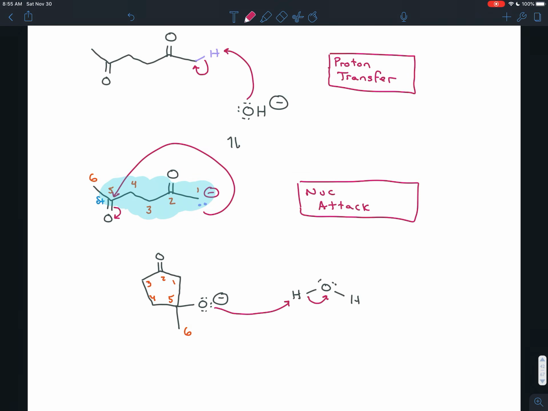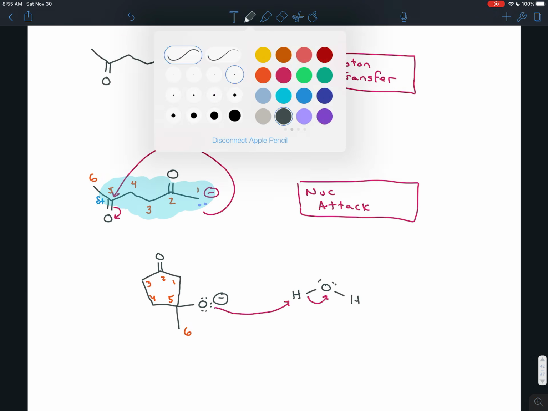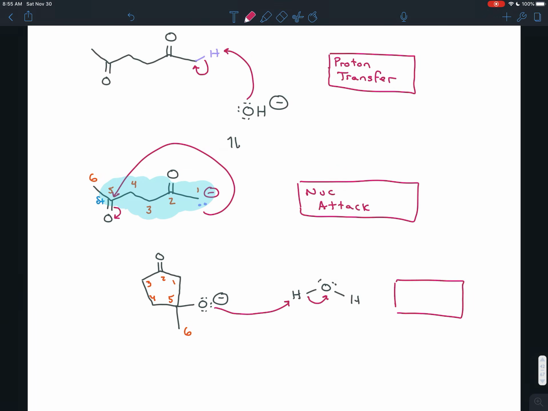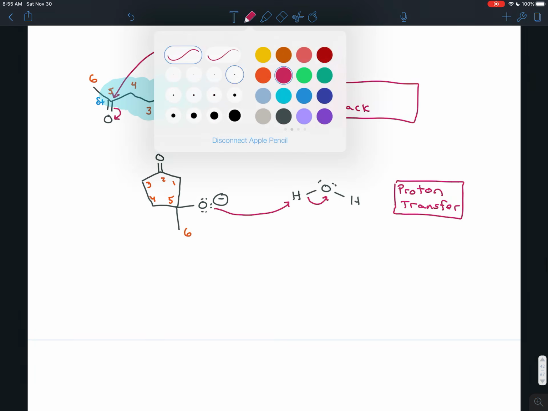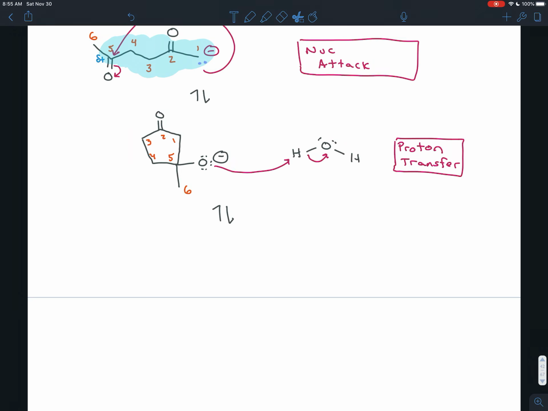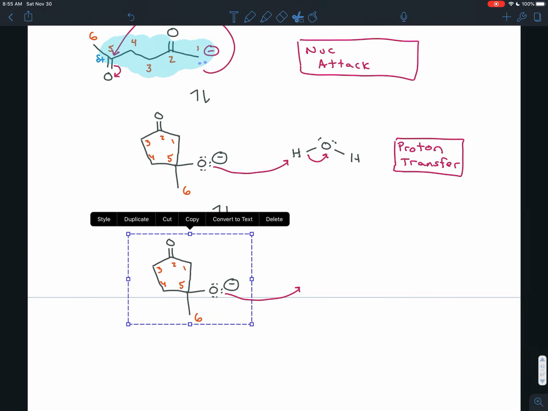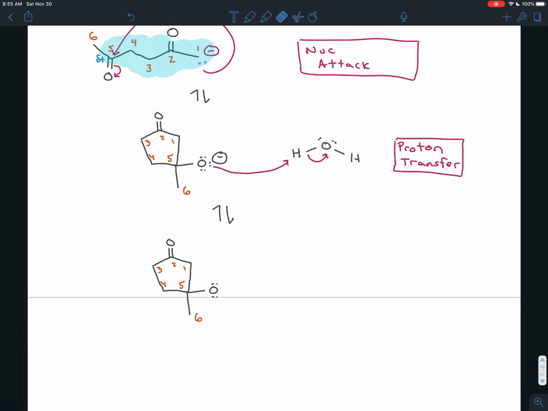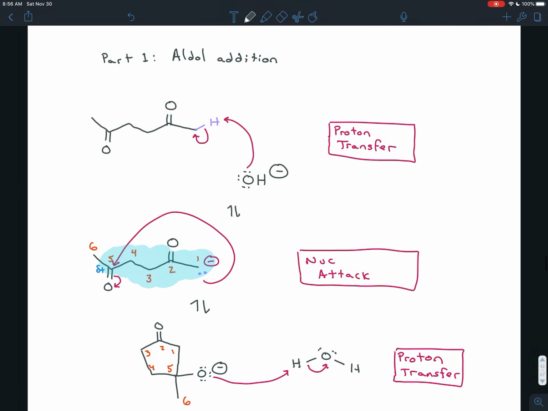The electrons snap back onto the oxygen, the most electronegative place nearby, and that is a proton transfer that you're doing to change the stability of that oxygen. Okay, so that's the end of the aldol addition. That's part 1.